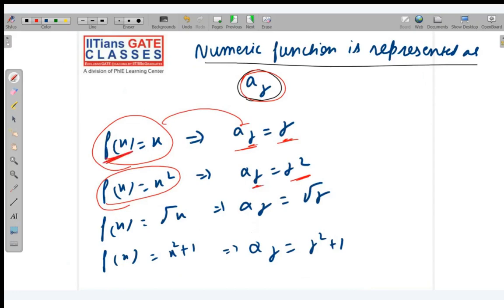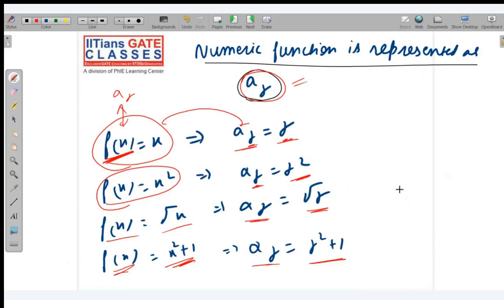So just simply note down this thing. It is just a representation, that's it. f(x) = root x, so a_r = root r. f(x) = x square + 1, a_r = r square + 1. So simple. We will use all these representations in generating functions, so try to understand them.